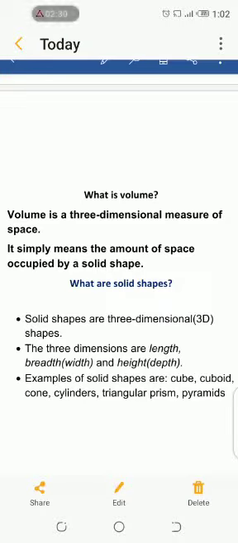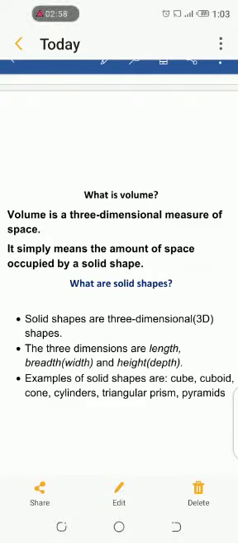Solid shapes, like I said earlier on, are three-dimensional shapes, 3D shapes. And what do we mean by three-dimensional? The three dimensions are length, the breadth, which can also be regarded as width, and height, that can also be called the depth.